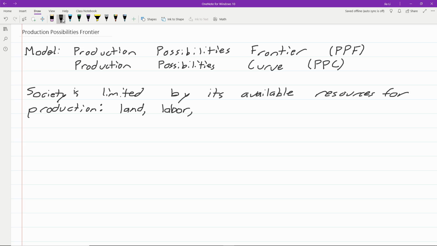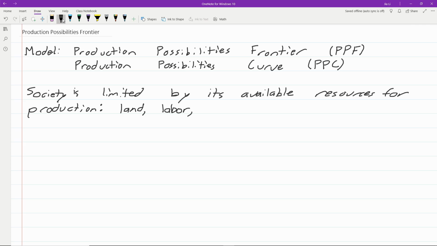So even in the smallest scale types of businesses or productions, you will still have some amount of labor there. But of course, the bigger you get, the more labor you will need, right? So that's what labor here entails.